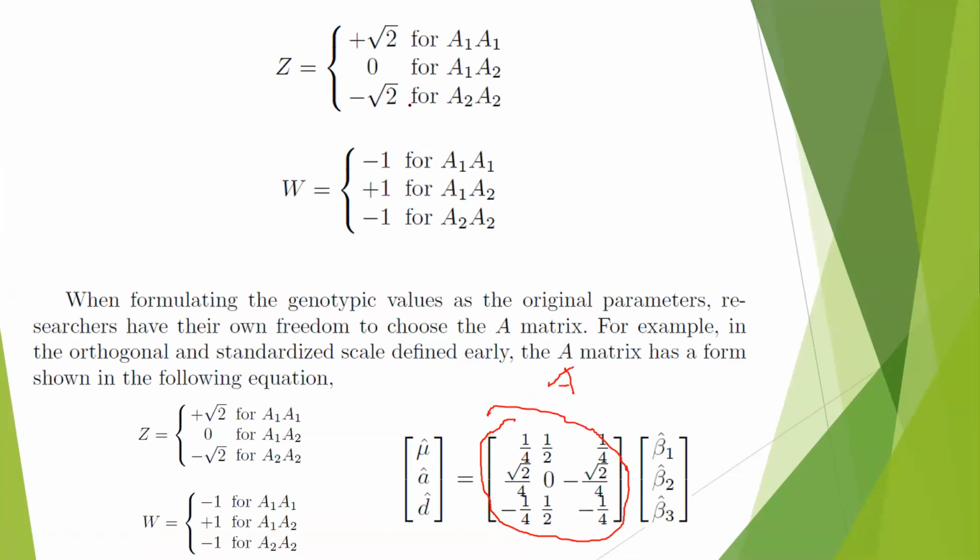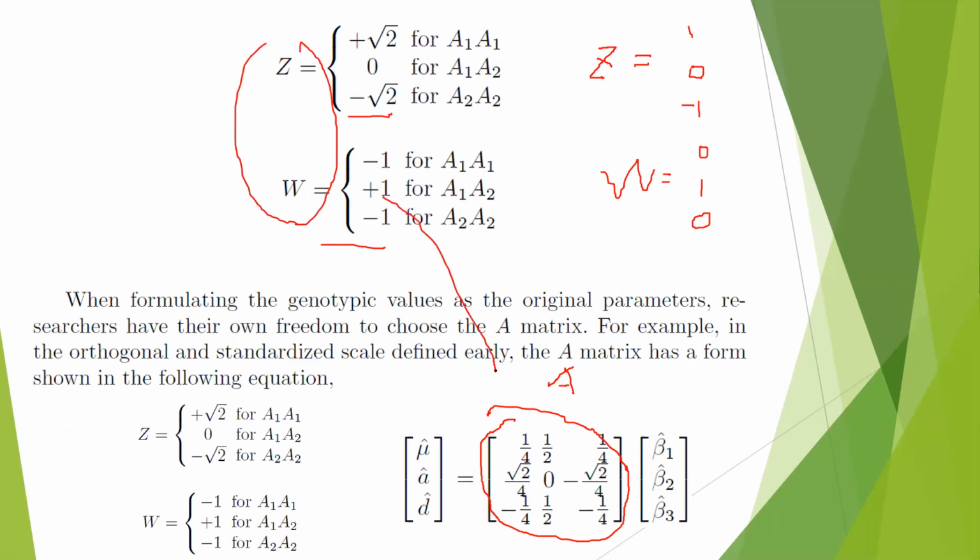For example, if we use the scale like this and this for Z and W, this is different from what we used before. We used Z equals 1, 0, and minus 1, and W equals 0, 1, 0.